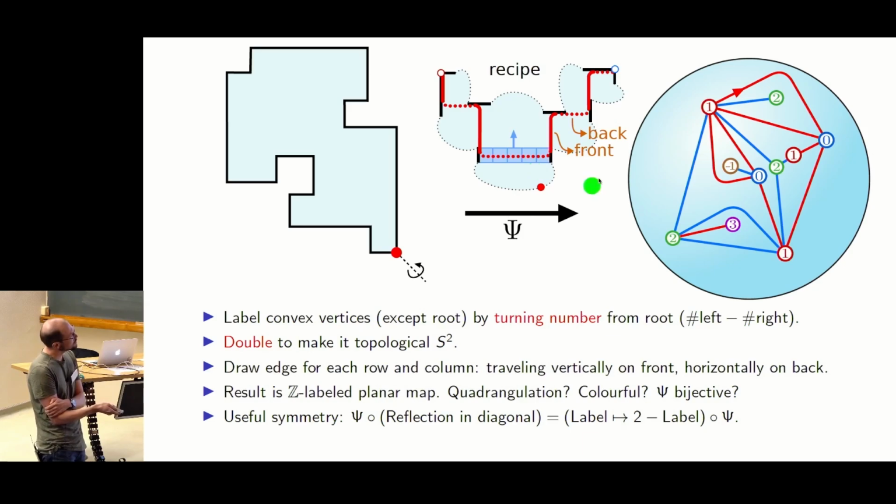So it means that I'm shifting the labels to 2 minus the label. And why is it very useful to have this here? Because the way I'm going to prove the bijection, it will completely destroy this symmetry. So certain statistics that you would like to examine that are naturally symmetric, one has to rely on this symmetry to recover them after the fact.